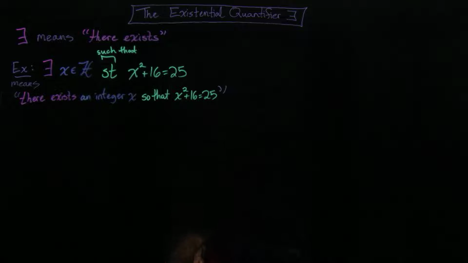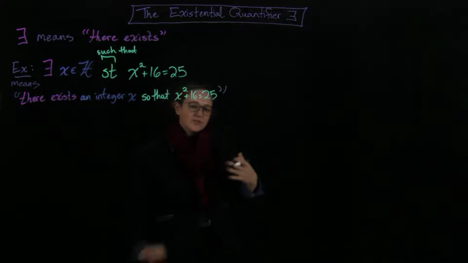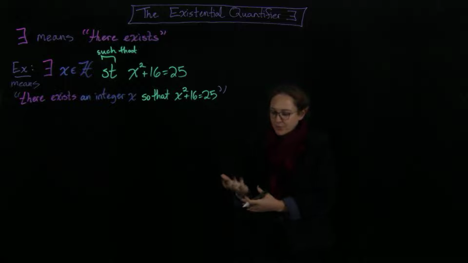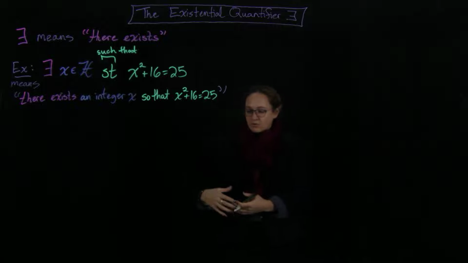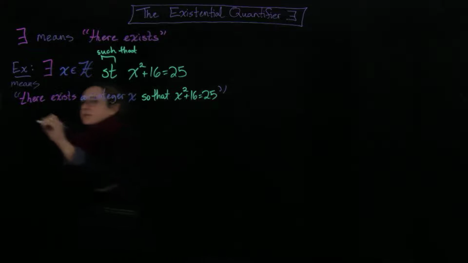And then it's important to know how you prove or disprove these. If there's a there exists statement, how do you prove that it holds or prove that it does not hold? Okay, so proving and disproving.